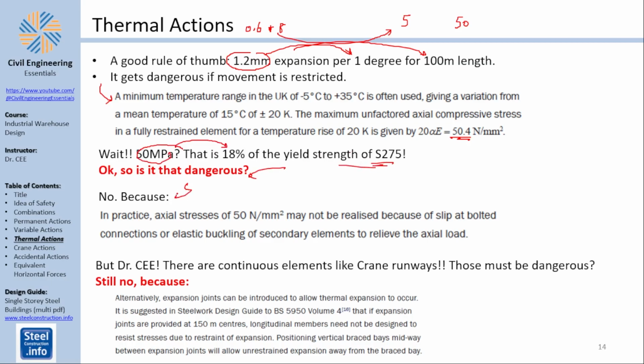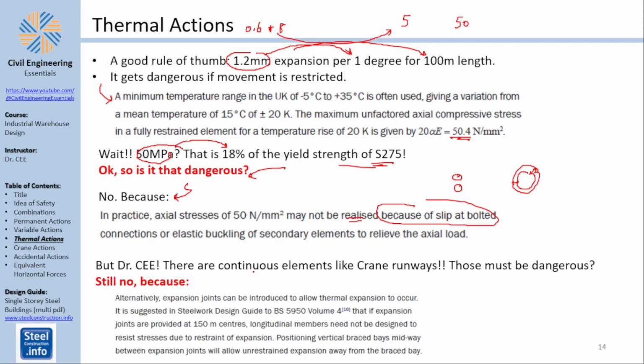The reference itself says no, it's not dangerous, because axial stresses will not be realized because of slip at bolted connections. I mean, if you have bolts, usually you have a hole that is a little bit larger than the bolt. So this little difference in distance is able to create a small space in which the bolt could slip in case there is expansion or contraction. One could say, but Dr.